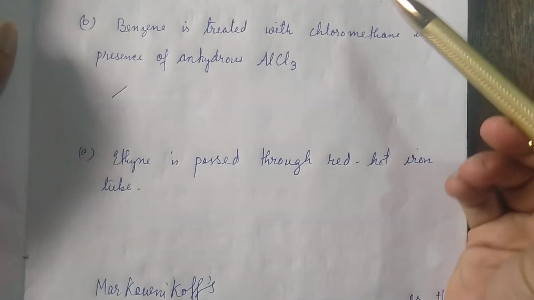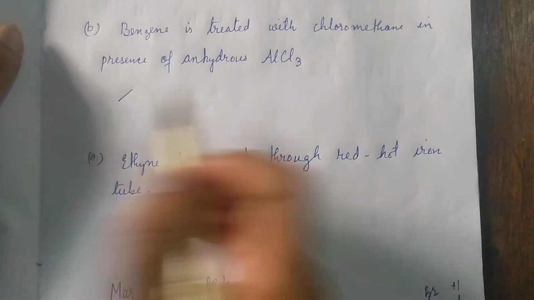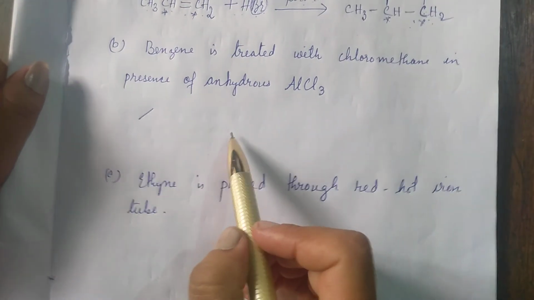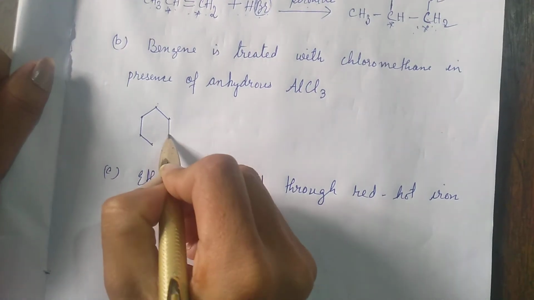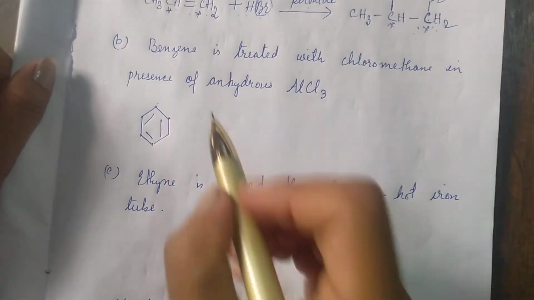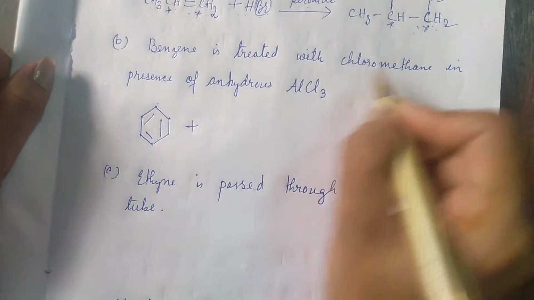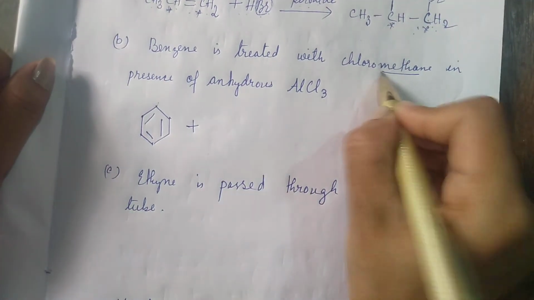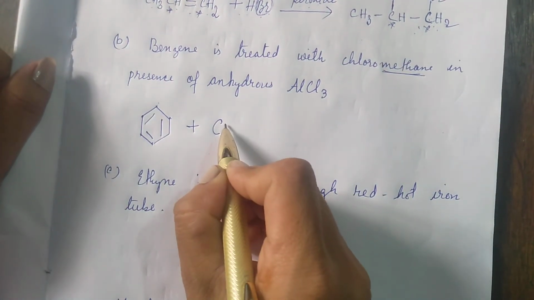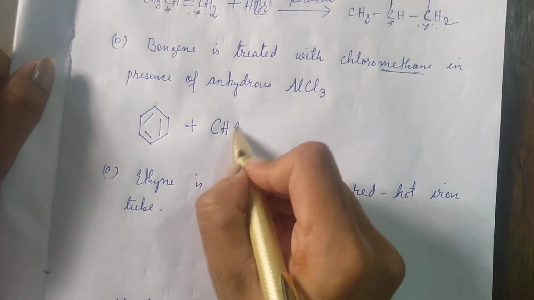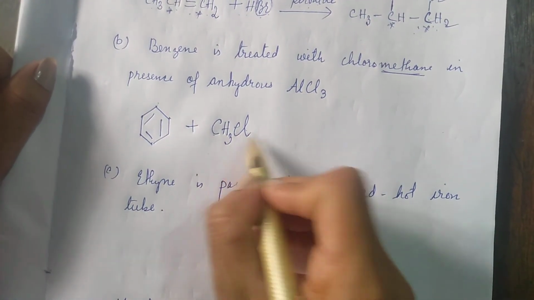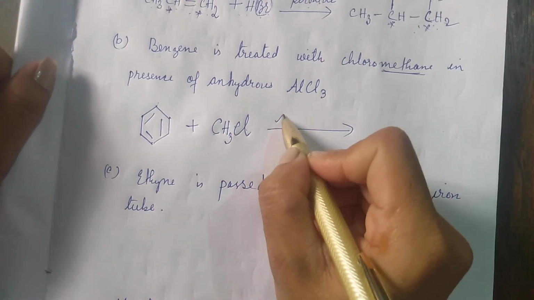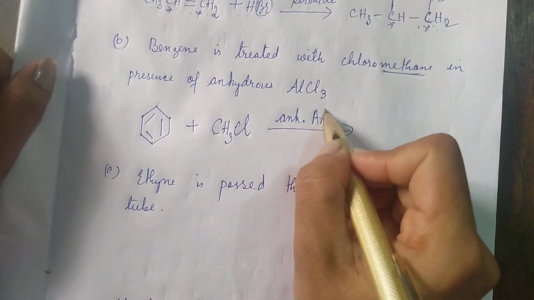So Markovnikov's and anti-Markovnikov's are clear. Now the next question: benzene is treated with chloromethane. Meth means one carbon, chloro means Cl, only one chloro, so CH3Cl, in the presence of anhydrous AlCl3.